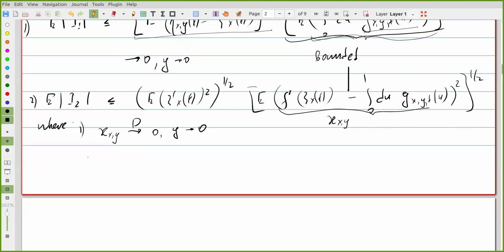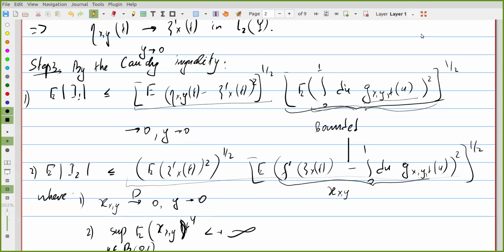And the supremum over, say, some small ball of such expressions is again bounded for exactly the same reasons, by the reasoning that we just used. Then again, by the Lebesgue convergence theorem, we can conclude. Here, the usage of the Cauchy inequality is not necessary, but it does help in this case. Exactly.